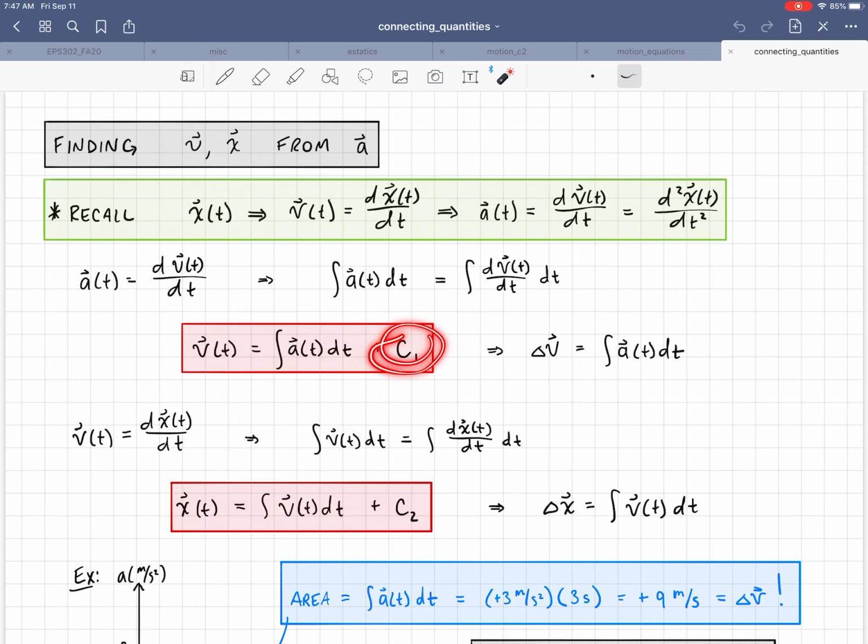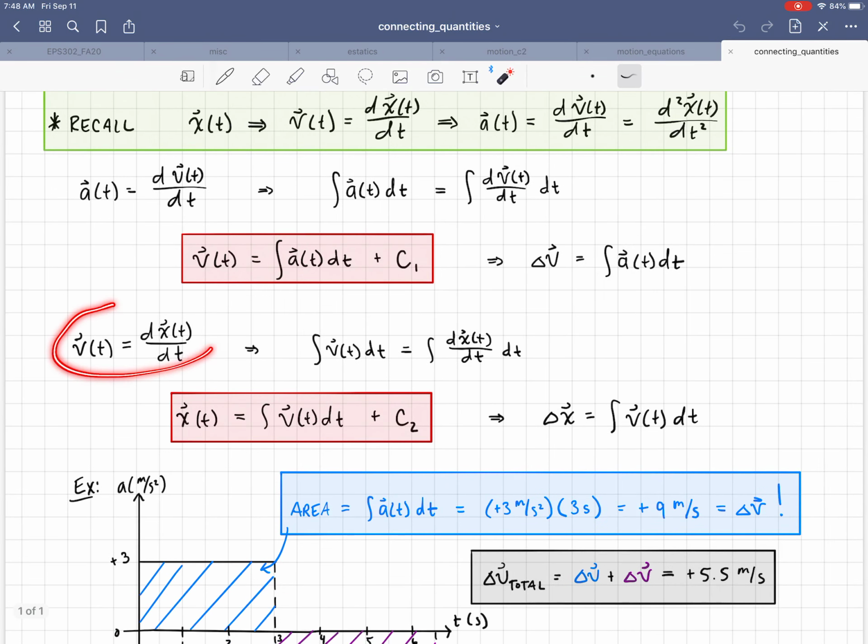This is essentially related to the velocity initially that the object had. So this expression, the change in the velocity, is given to us by integrating the acceleration function a dt. So integrating that over the entire time that the object is accelerating, that will give us the change in the velocity.